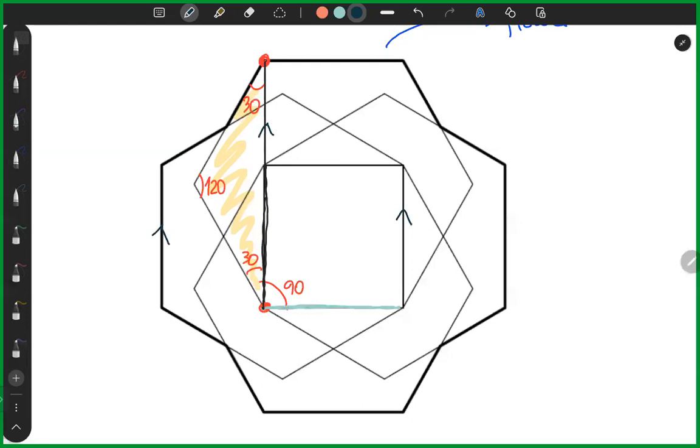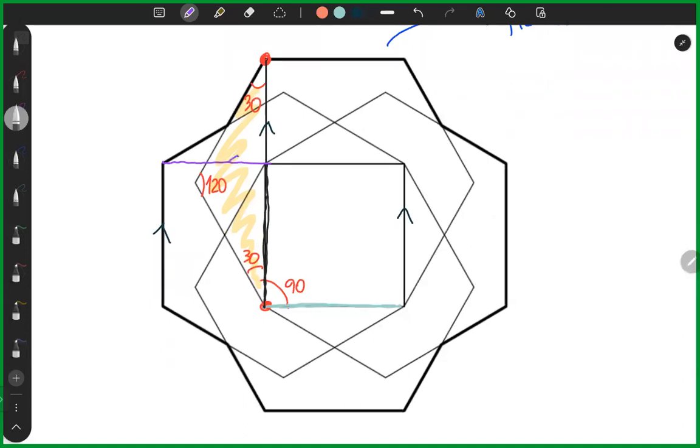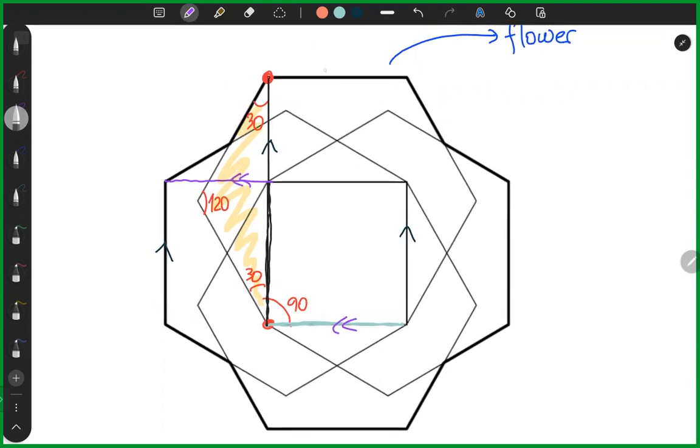When I do the same extension from this corner, I obtain a similar result. So this side is parallel to the horizontal side of the square as well as the horizontal sides of the hexagons. This is nice. And then since this is 90 degrees, this has to be 90 degrees too.